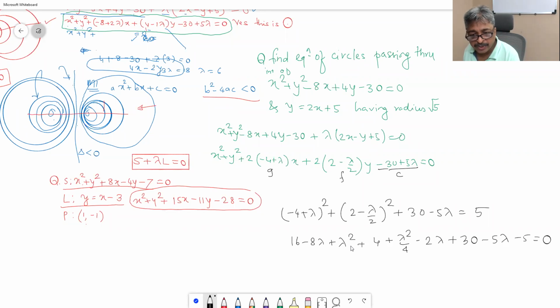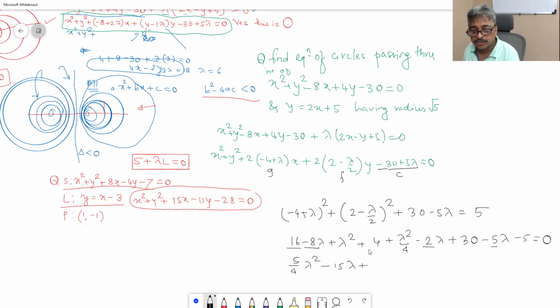So how many lambda squares do I have? 5 by 4 lambda square. How many lambdas do I have? Minus 8, minus 2, minus 10, minus 5, minus 15. And what is the constant?